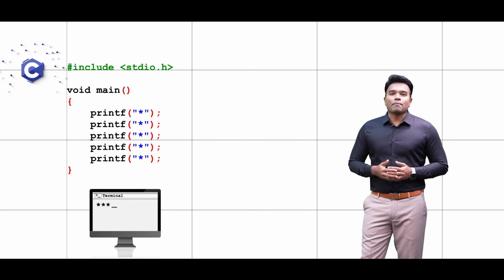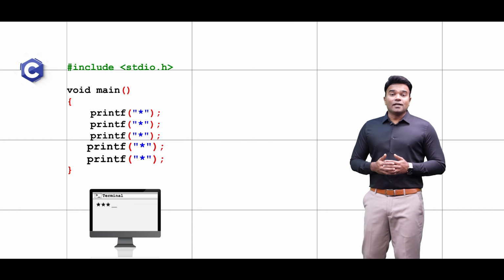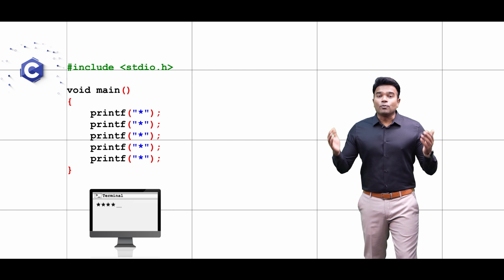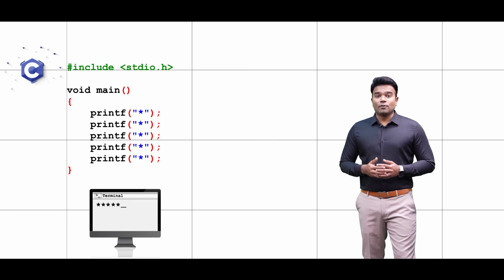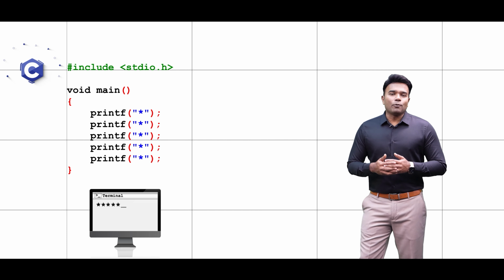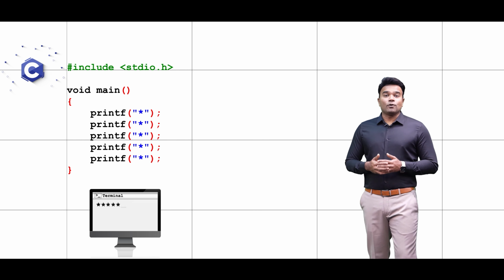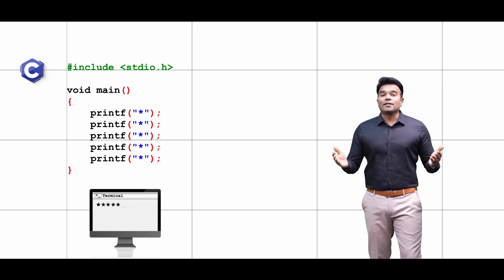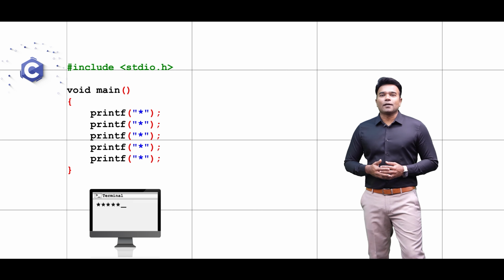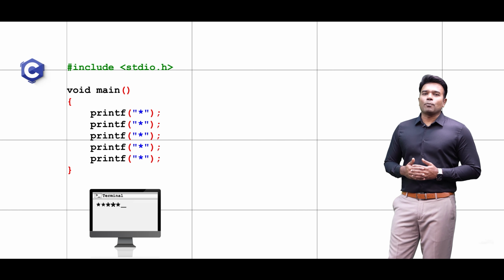By now I am sure you understand that all that these 2 lines of code would do is to print 2 more stars on the output screen at the point where the cursor was blinking, and then obviously the cursor shall move ahead. So I am sure you are now clear with that doubt: though we have printed the stars one below the other in the code, why are they all getting printed one beside the other on the output screen? I am sure that part of the doubt is clarified.